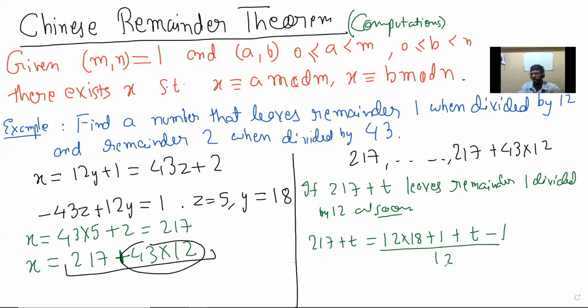Which basically means that 12 should divide t. And similarly 43 should also divide t. This is just following from the rules.